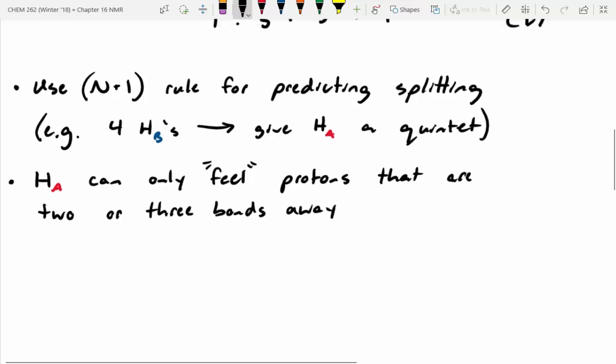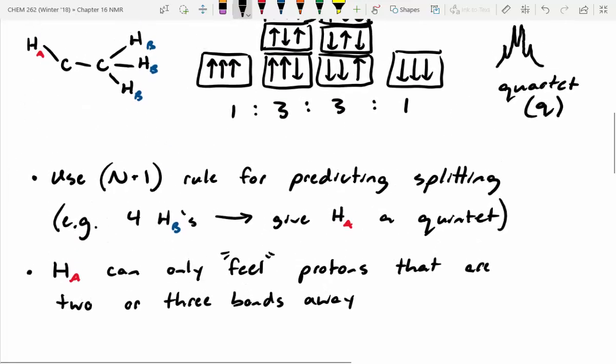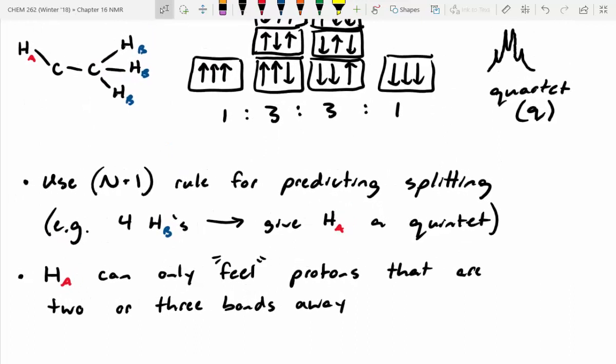Let's go back up and look at our example. If we look at HA and its relationship to HB, there are 3 bonds in between HA and HB. That means that this is allowable via NMR. However, if they're 4 bonds away from one another, you don't see any splitting due to that. So you can only see protons that are 2 or 3 bonds away. Yep?